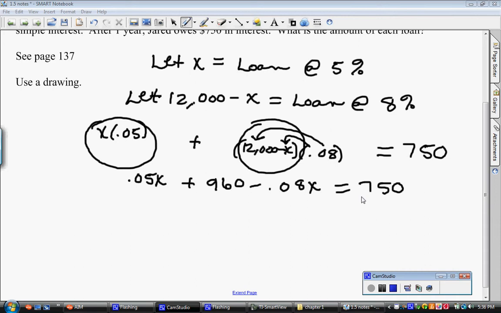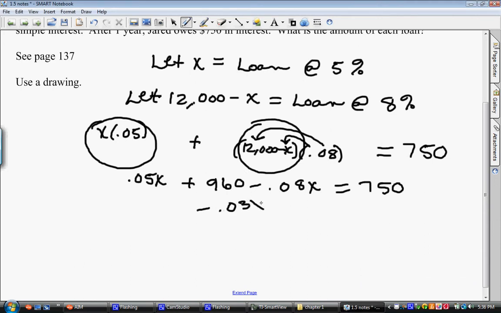.03x. We would want to bring the 960 to the other side and subtract. So we would get negative 210. Take our calculator and divide both sides by negative .03.